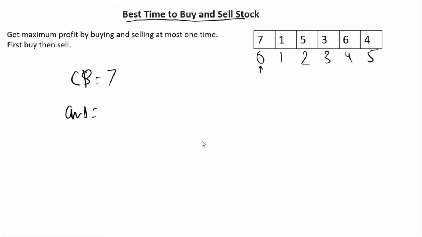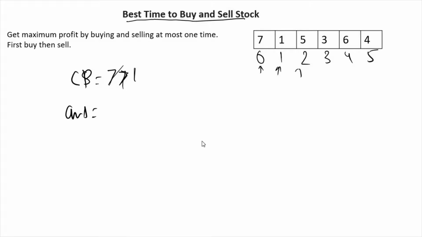We move to the next day, and when the price is less than the previous day's price, we replace the current price; otherwise we calculate our answer. Now we have moved to index 1, where the price is 1. Here we can see 1 is less than 7, so we can't make a profit. So we'll replace 7 with 1.